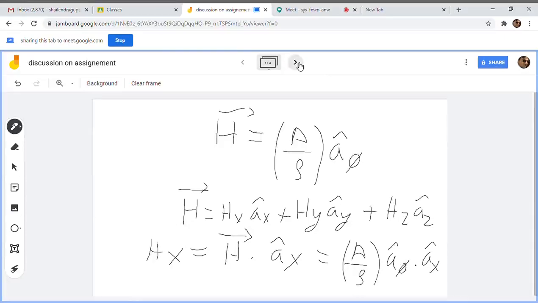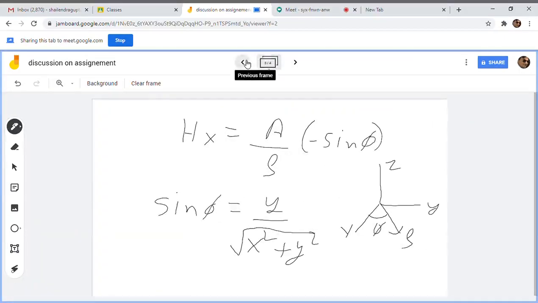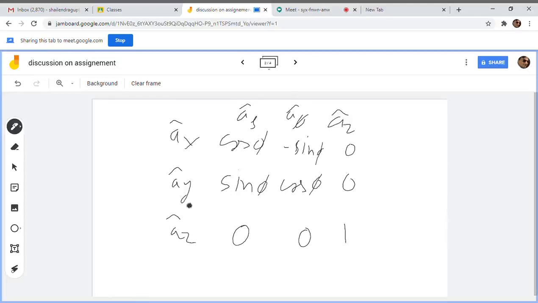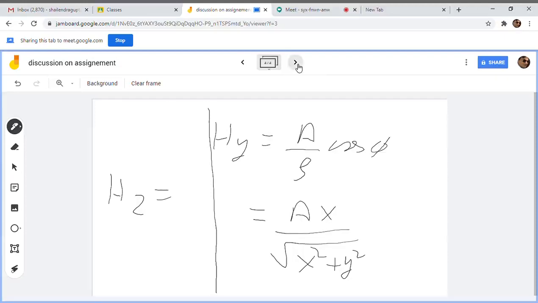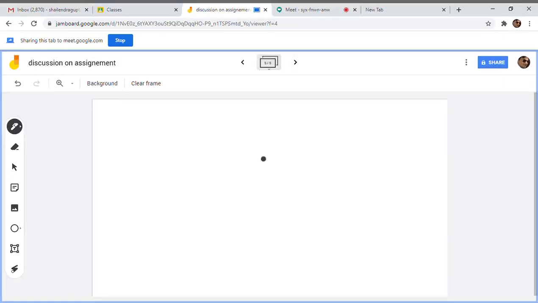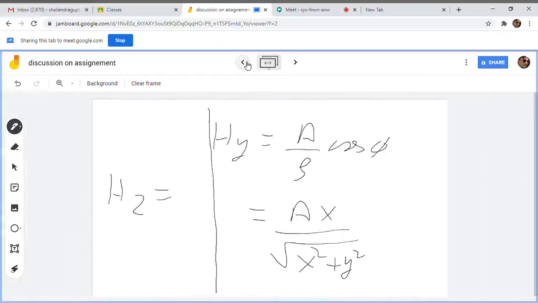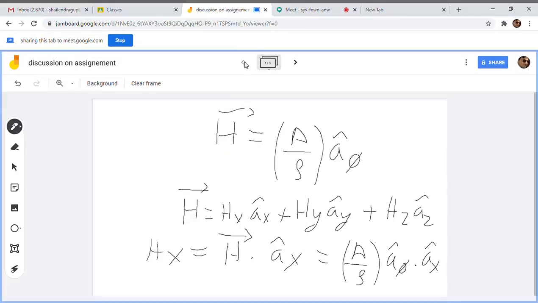Because if you are finding Hz, then what you are doing? Let me write it. So Hz is vector H dot az. If you take the dot product of H with az, then what will happen?